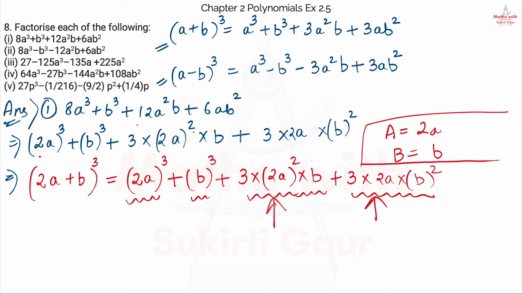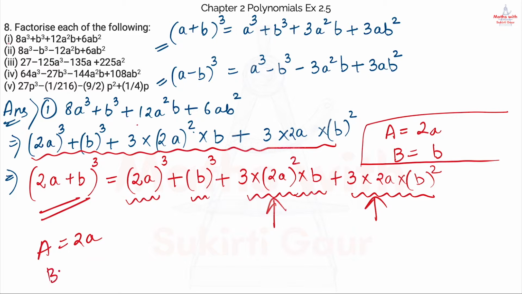It means what we have got here is the expanded form of this formula, where a is 2a and b is b, such that (2a plus b) whole cube opens as this.